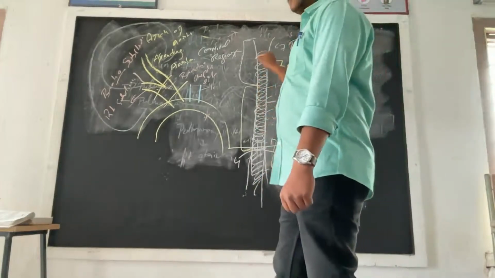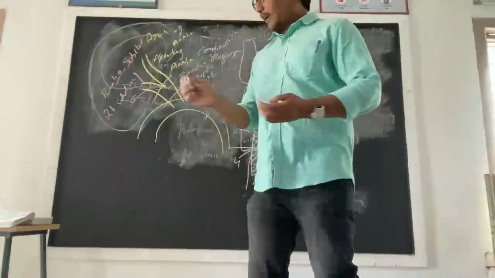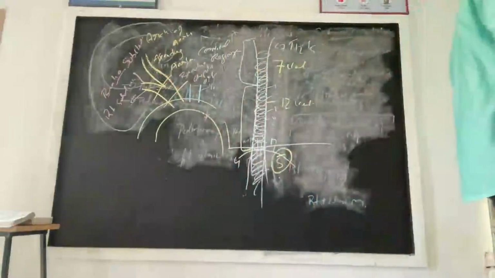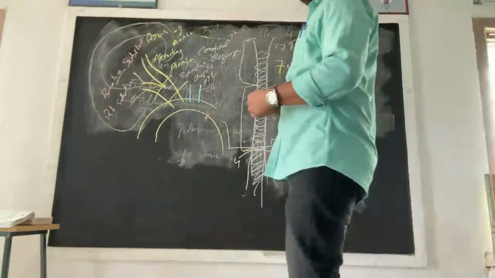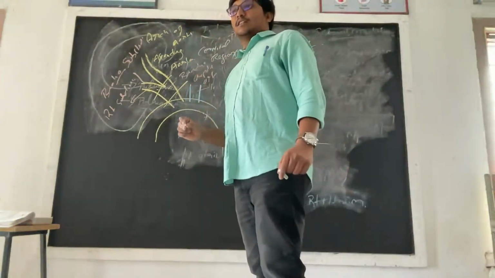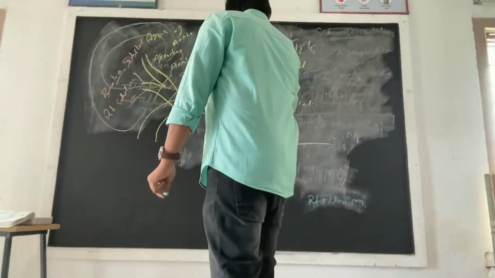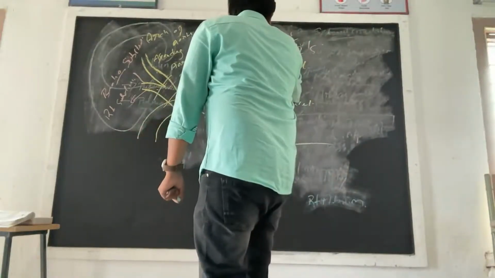What is this? How does your aorta run? Descending aorta. I want red chalk please. If you think of green as vein, then think of red as artery. The artery is coming like this.